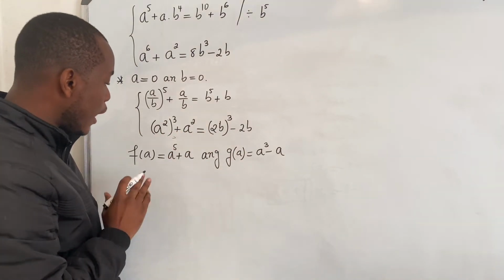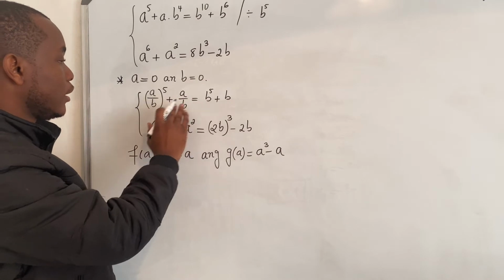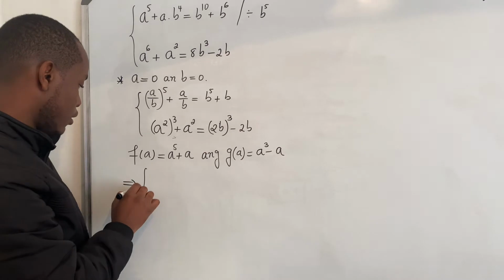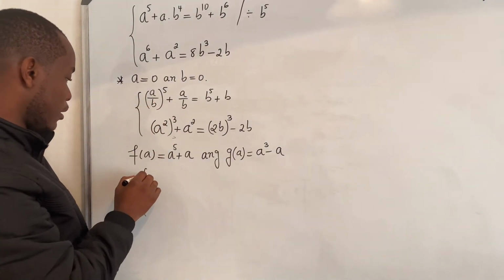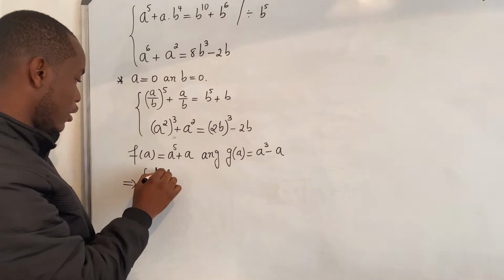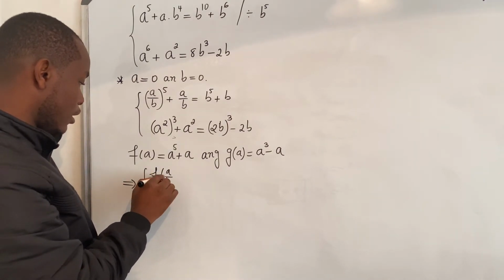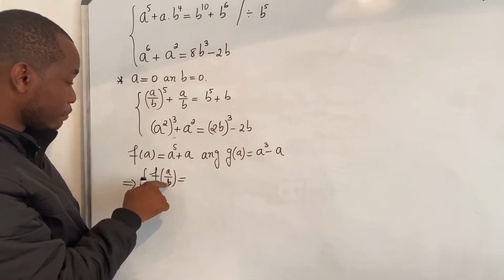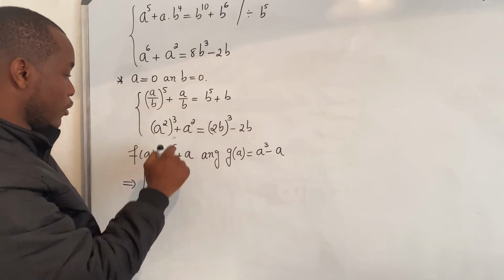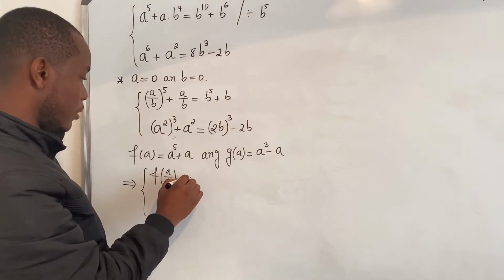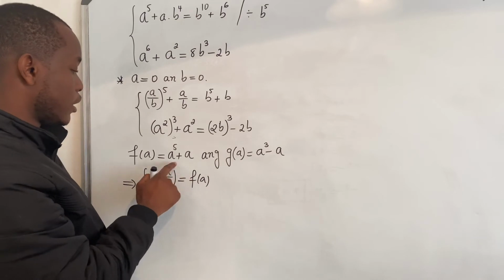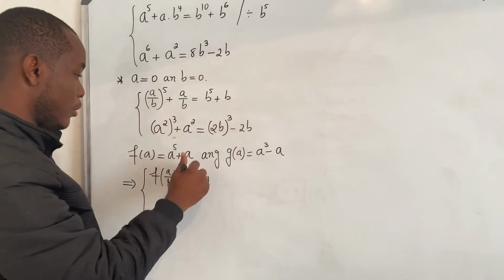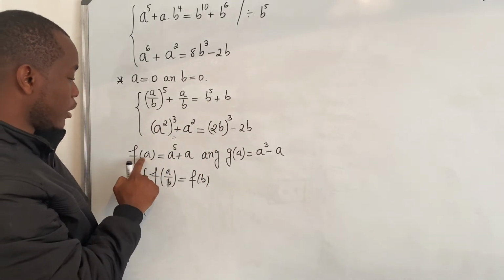Okay, after doing that, how did they get this equality if those are the given functions? Since it is a simultaneous equation, the first was taken by finding f of a over b, because if we find f of a over b, we get this expression. And the right side is simply f of b, if we substitute in f of a where there is b.